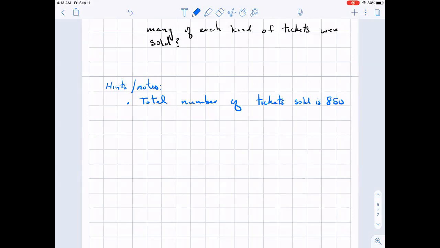Now the money, total income from selling tickets is $1,100.